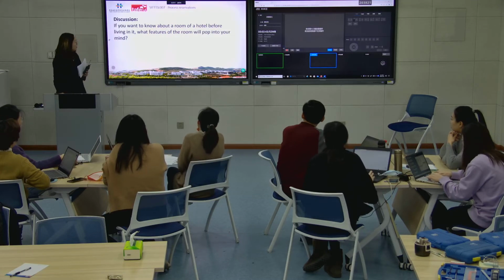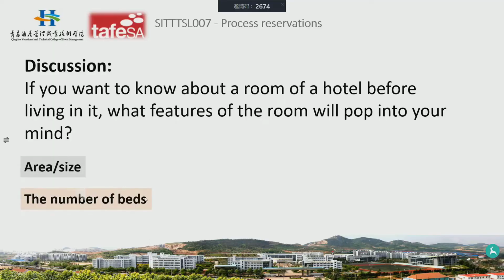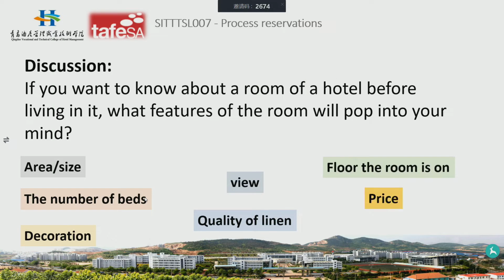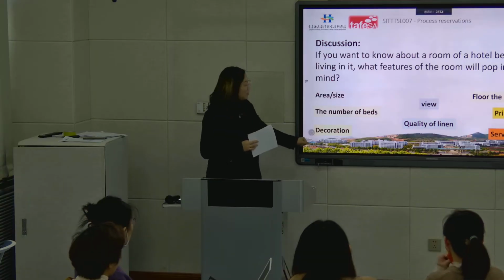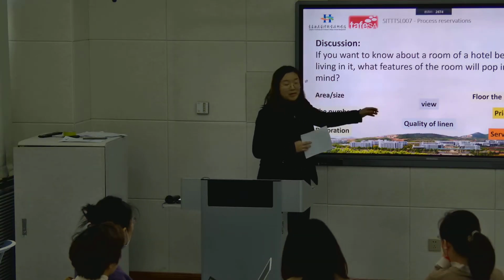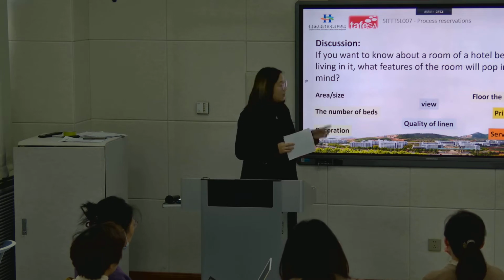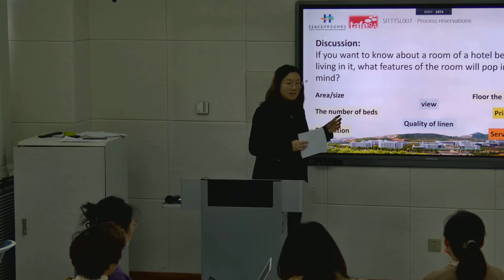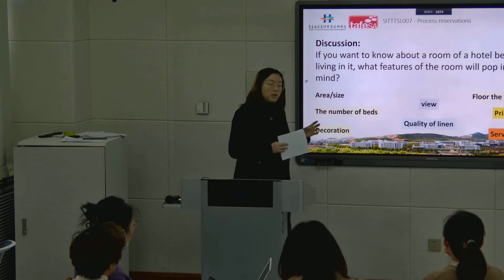And what others? You say area or size, the number of beds, and decoration. The view is very important. It can also decide the price. A room with a better view, such as sea view, river view, or mountain view, can get a more expensive price, right?